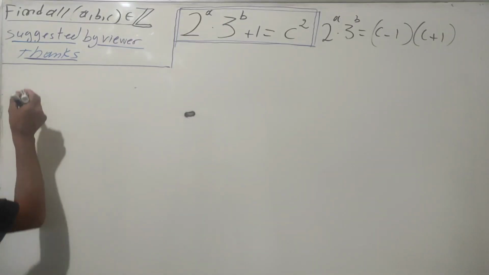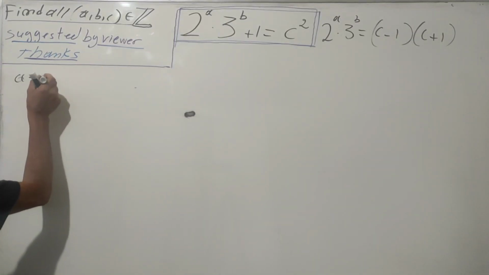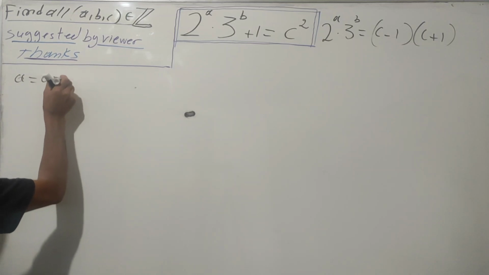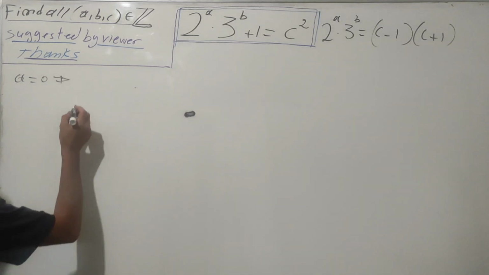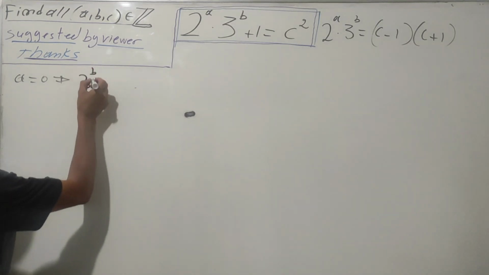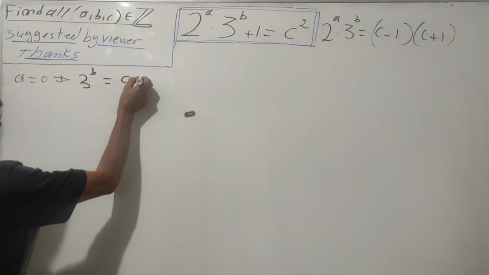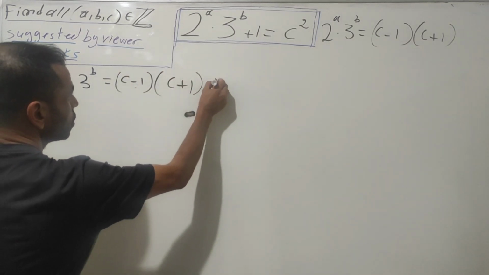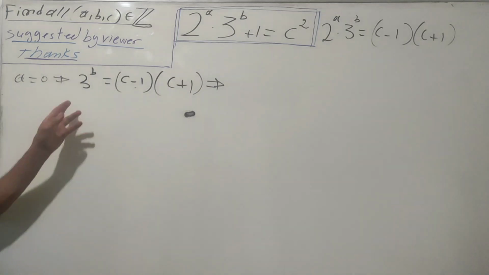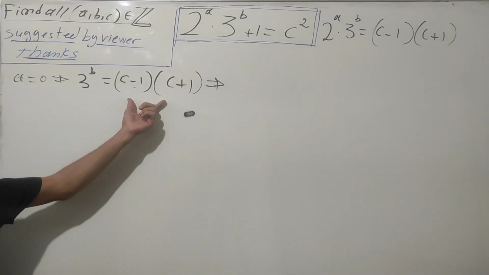So let's fix a equals 0. Then I have 3 to the b equals (c minus 1) times (c plus 1). Clearly this is a power of 3, which means each factor of this product must be a power of 3 as well.